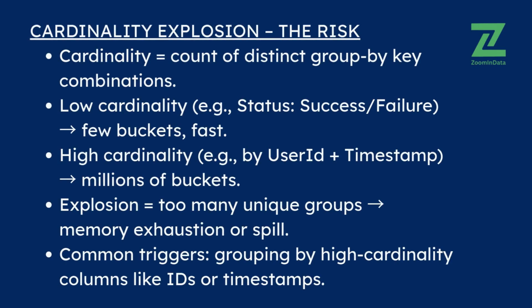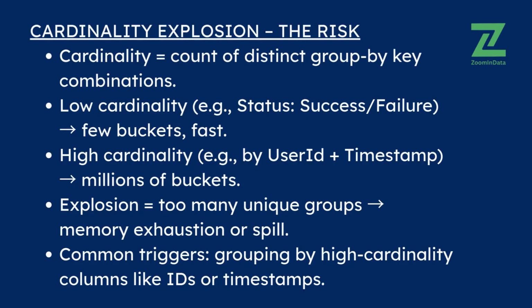Now the big risk, cardinality explosion. Cardinality is the count of distinct group by key combinations. Low cardinality, like grouping by status with only success and failure, creates just a few buckets, fast and low memory. High cardinality, like grouping by user ID plus timestamp down to the second, can create millions or billions of unique groups.